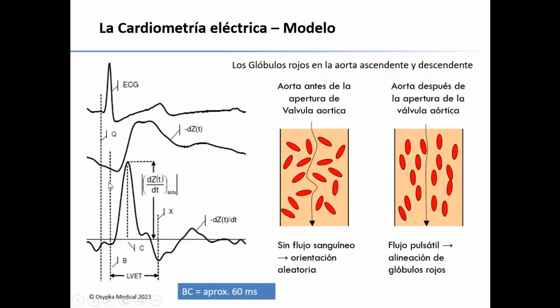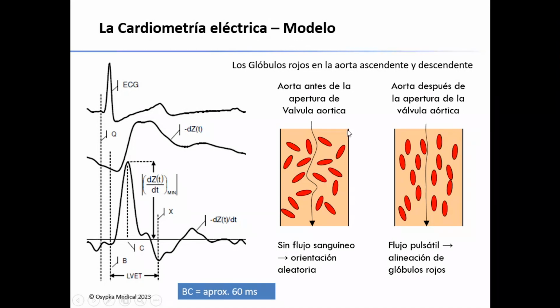So the difference from here, from this waveform, from the bottom to the top, this slope is basically caused by this phenomenon from random orientation to aligned orientation of the red blood cells in the aorta. What does it mean?